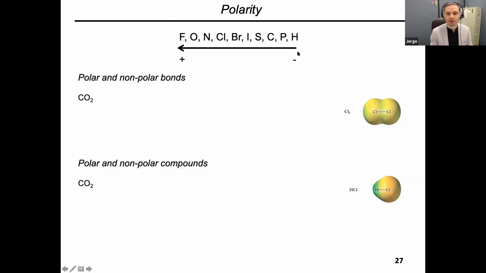The most electronegative element is fluorine, and then that moves on from left to right, and hydrogen will be the least electronegative element in a covalent bond.